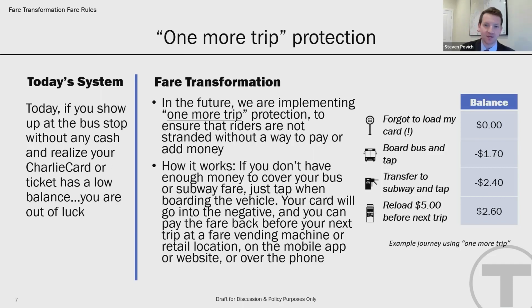That transfer costs the incremental 70 cents. So your balance is now negative $2.40. And then when you're exiting the subway at your destination, you can reload with $5 perhaps, and that would bring your balance to $2.60. At that time, you'd then have enough money on your card to go take another trip on a bus or a subway and continue the process. Next slide, please.